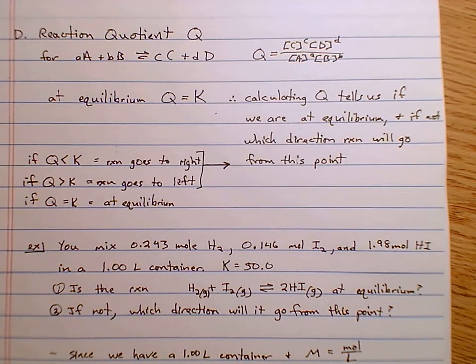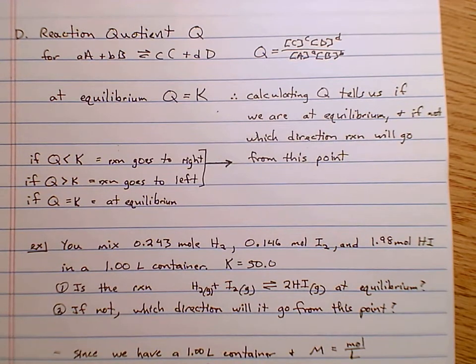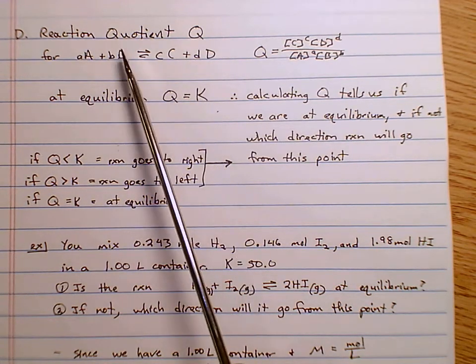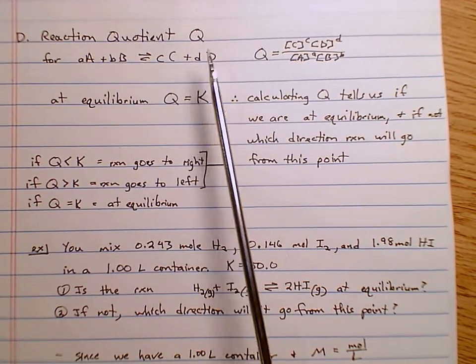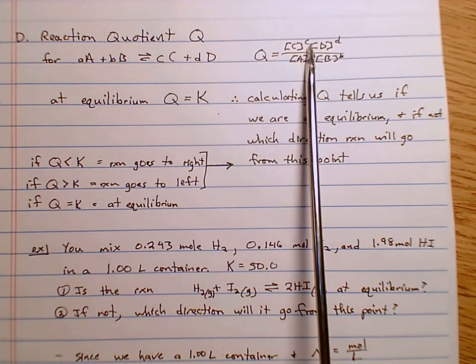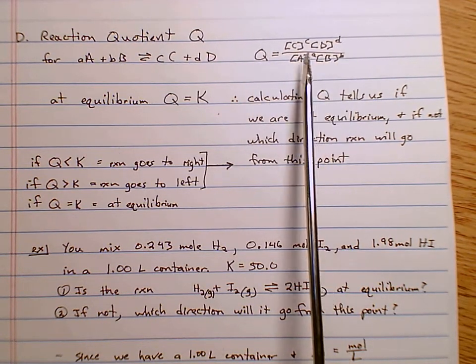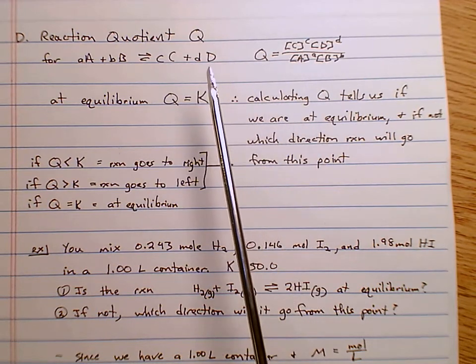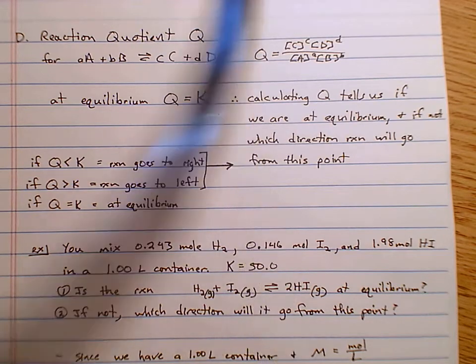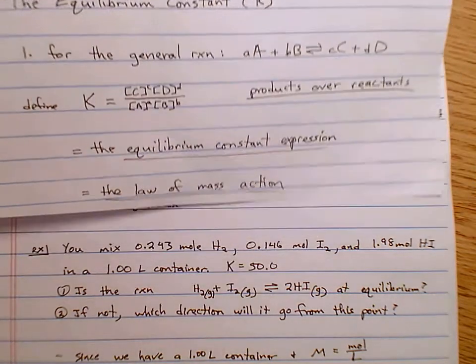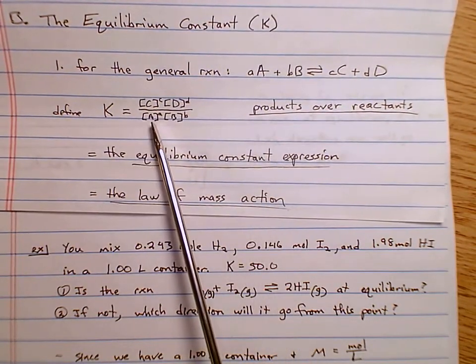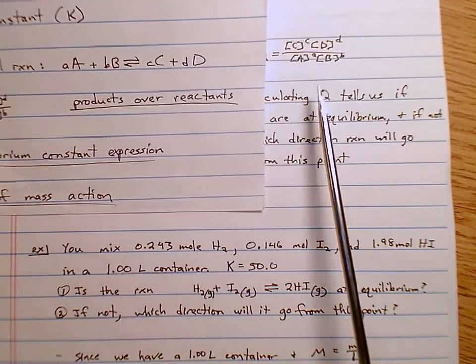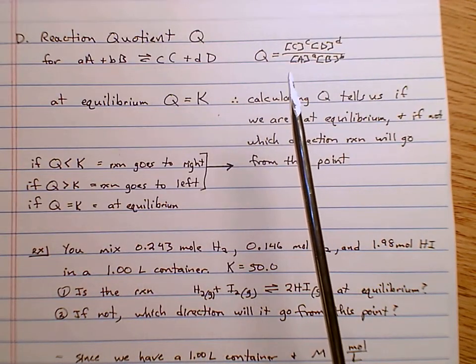The reaction quotient is very similar to K. Our reaction quotient Q for our general reaction, a moles of A, b moles of B, and so on, equals the concentration of C to the little c power times the concentration of D to the little d power, divided by the concentration of A to the little a power times the concentration of B to the little b power. And if you've been paying attention, you realize, wait a minute, I've seen this somewhere before. Isn't that the same thing as K for the general reaction? And the answer is kinda.